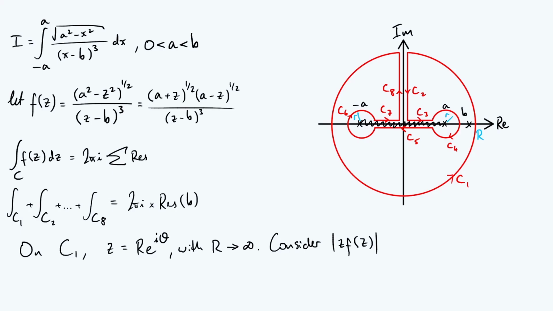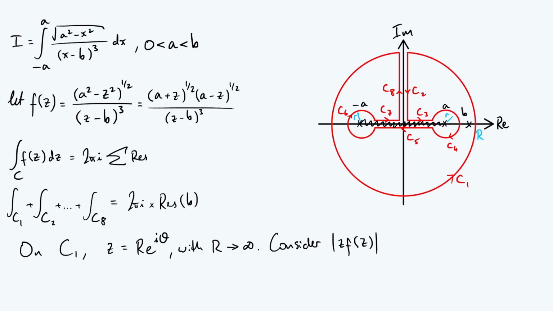So if you consider the quantity modulus of z times modulus of f of z, if we can show that that quantity goes to 0 everywhere on the curve C1, then we've proved that the line integral itself goes to 0. This is a sufficient condition to prove that the line integral goes to 0. It's not a necessary condition, but it is a sufficient condition.